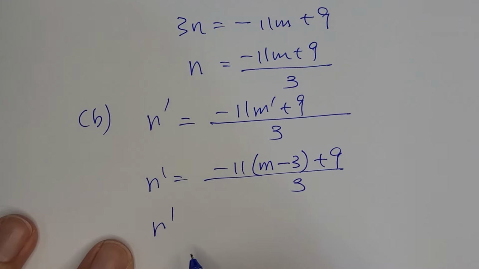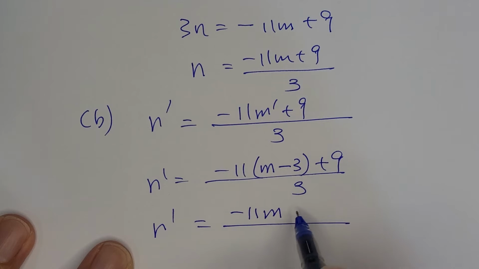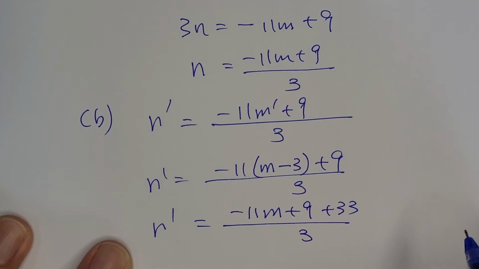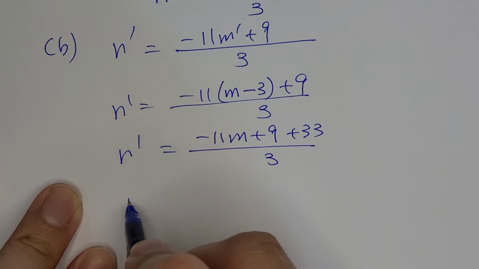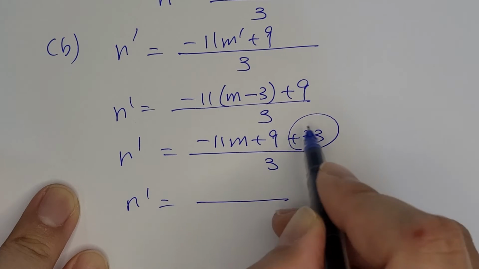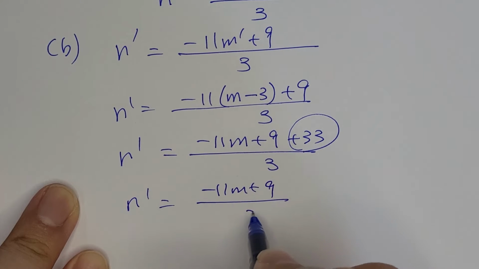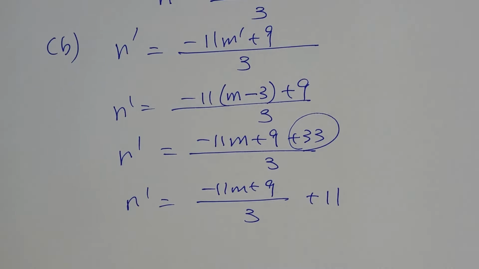So we can further simplify this. It becomes negative 11m plus 9 plus 33 over 3. So we keep the first two terms in the numerator, and then we simplify the last one, 33 over 3. So that becomes plus 11. And what is this?